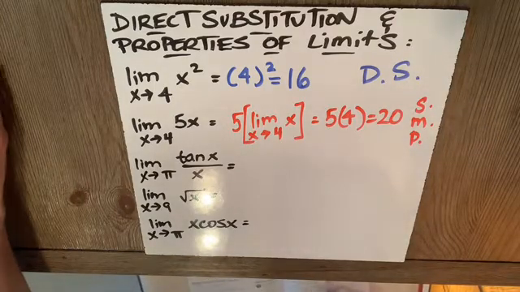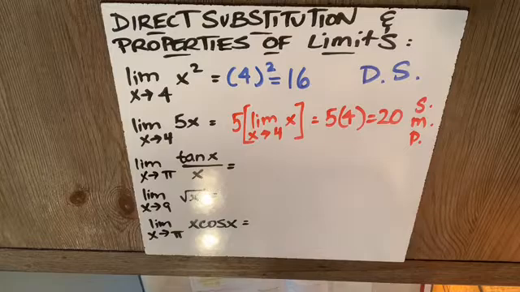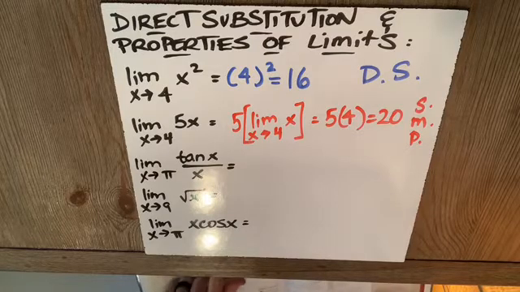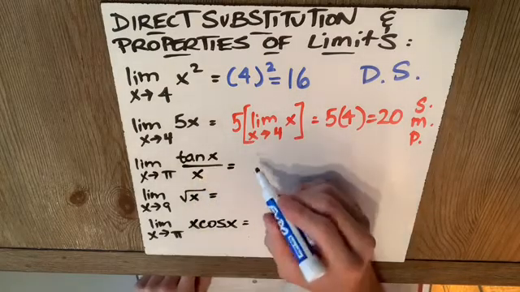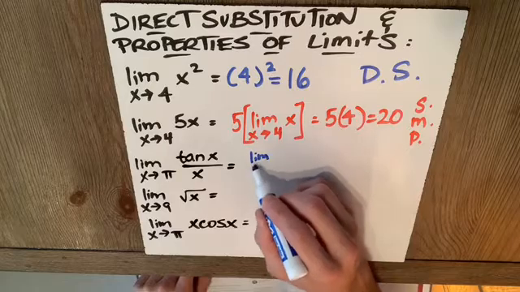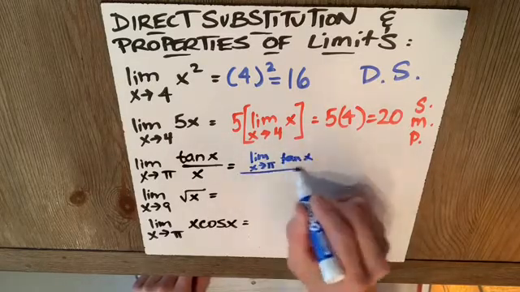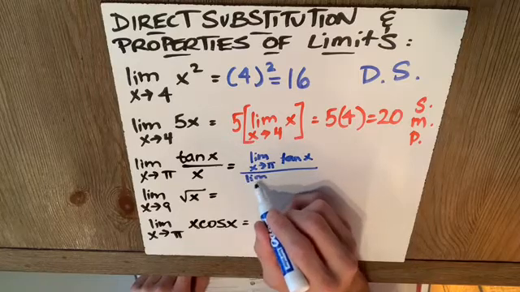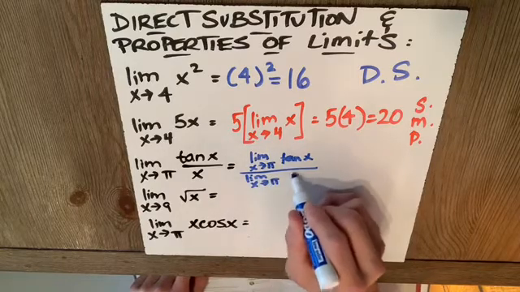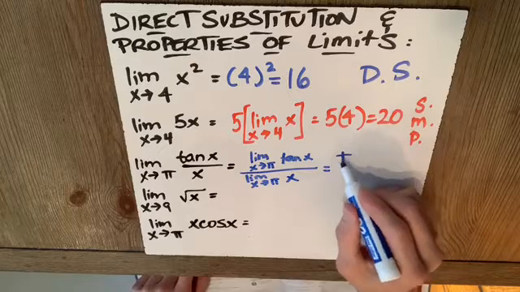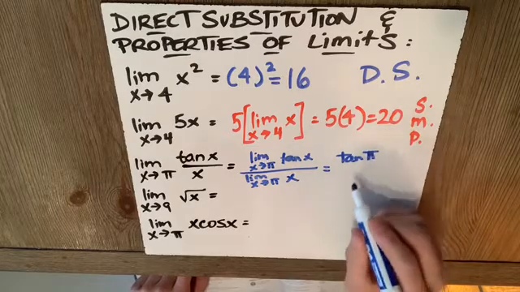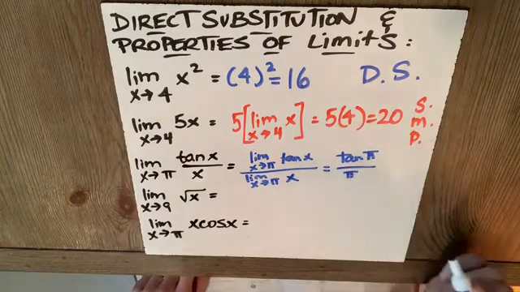How about this one? Tangent of x over x, we're going to take the limit as x approaches pi. Well, according to our quotient property, this is the limit as x approaches pi of tangent x over the limit as x approaches pi of x. Well, that is tangent of pi, if I use direct substitution, over pi.